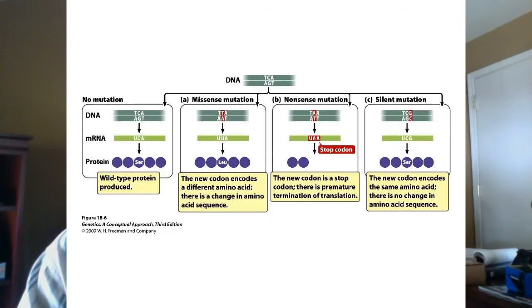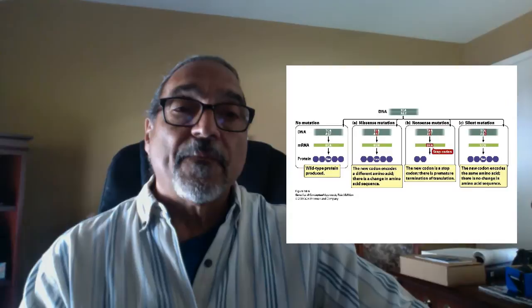So we have the exact same amino acid sequence, but obviously a different genetic sequence. So this is called a silent mutation. That is, there is no obvious phenotypic difference because the protein sequence is the same. This has important evolutionary implications, which we'll talk about a little bit later.